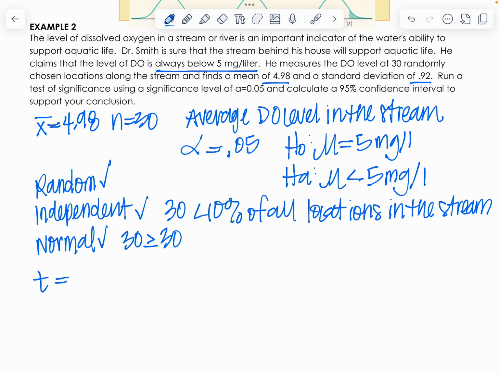Our test statistic, t, will be equal to our sample mean, X bar, which was 4.98, minus our claimed mean of 5, divided by our sample standard deviation, 0.92, over the square root of 30. All right, well, we know this is going to be negative because 4.98 is less than 5.